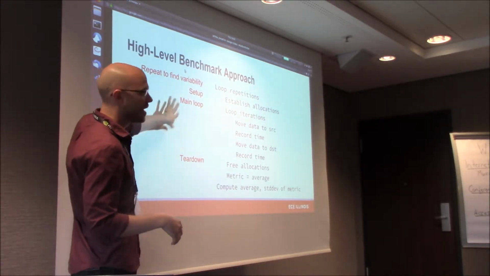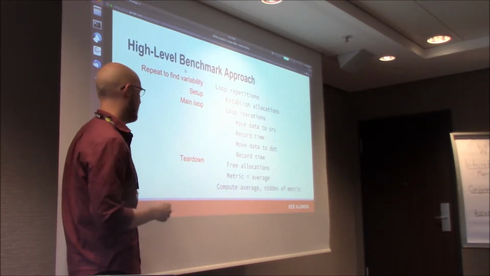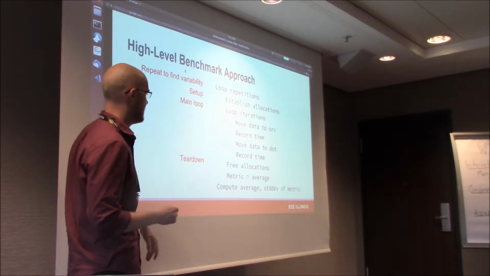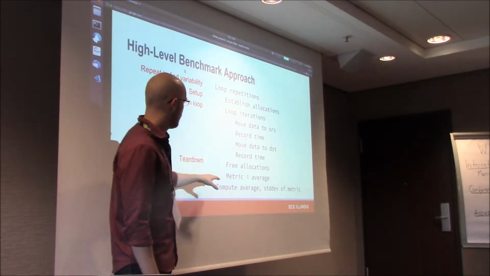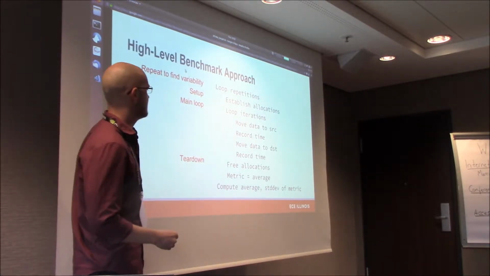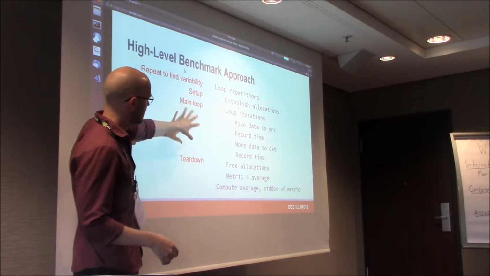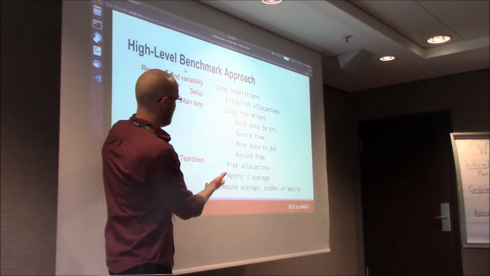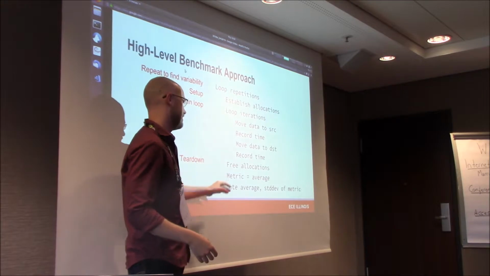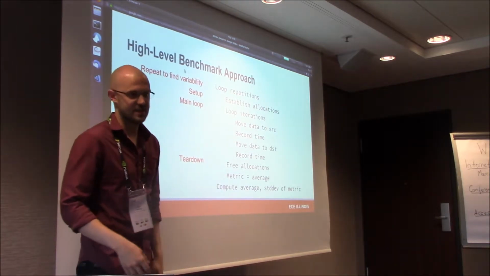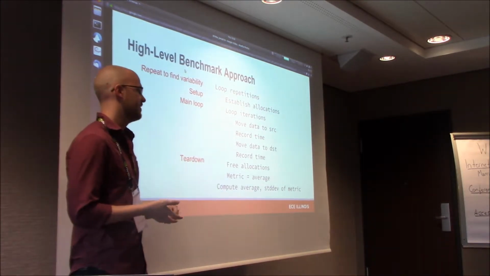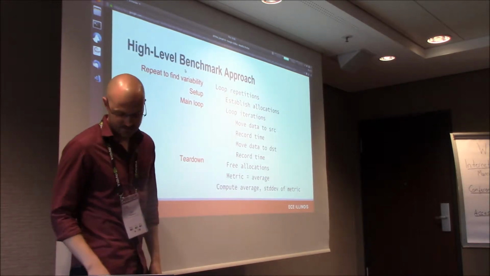And we do this some number of times. I'll get to that in a second. And then, of course, we have the teardown. And what we're reporting is sort of the average performance that we observe over this loop. And then the ultimate metric is the average of the averages and the standard deviation of the averages, so you can get some sense of how variable this measurement is.